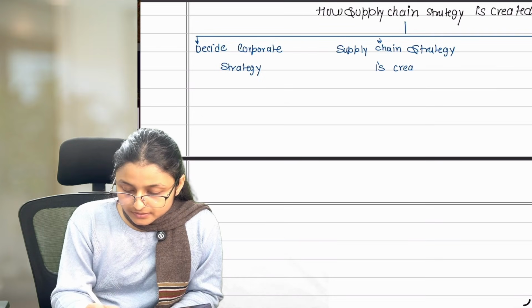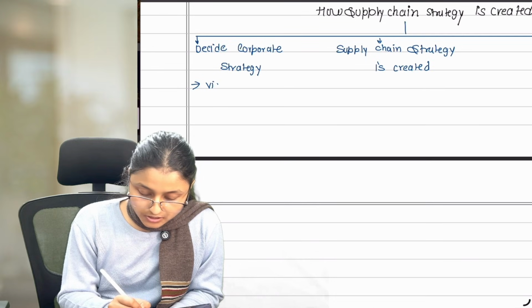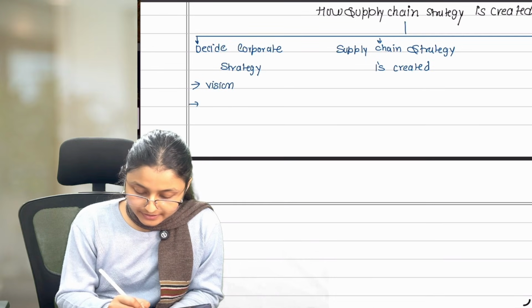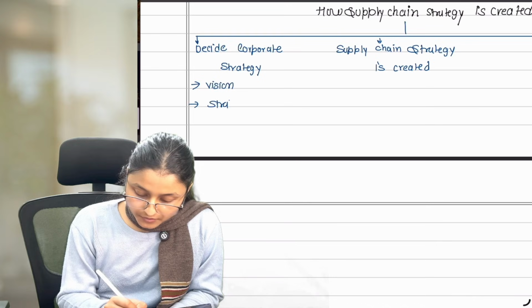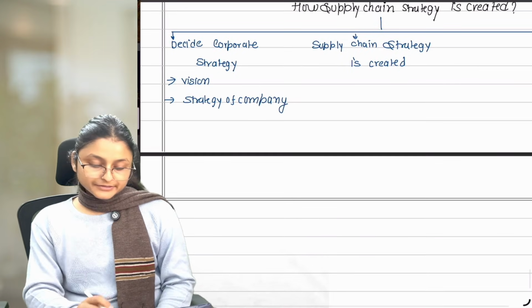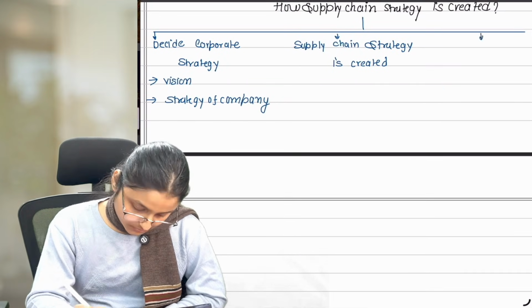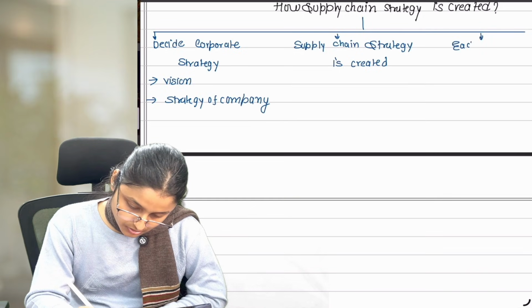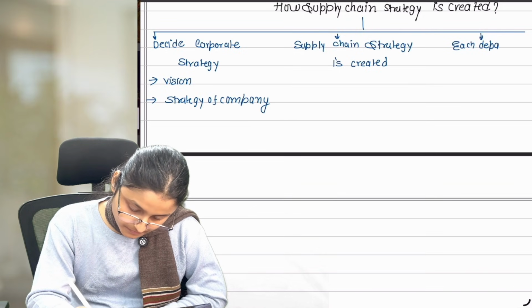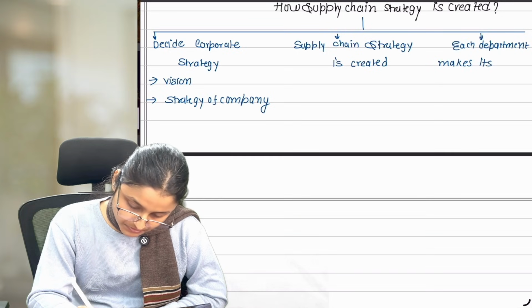We understood here that when we say corporate strategy, first we will decide the vision, that is the end goal, and then the strategy of the company. Then the supply chain strategy is created, and after this each department makes its own sub strategy.